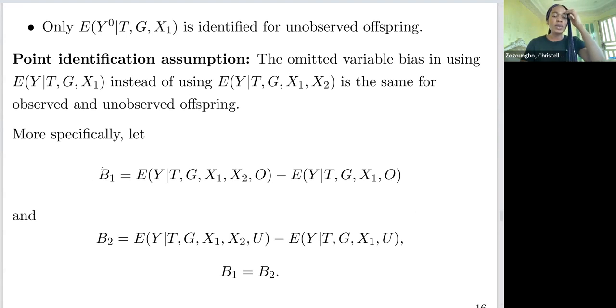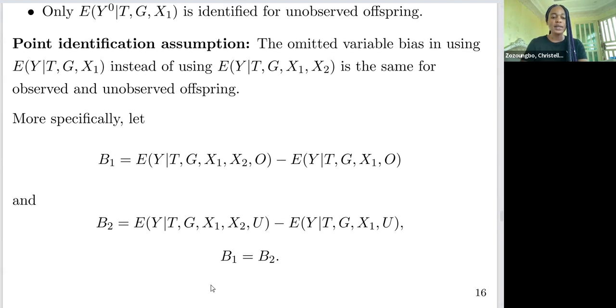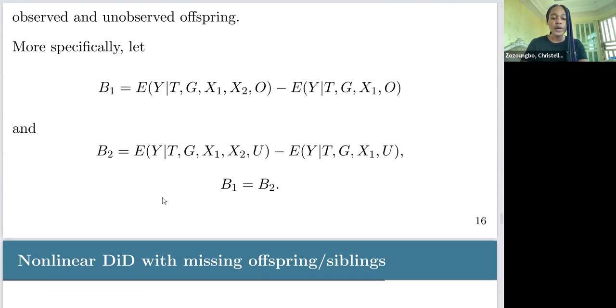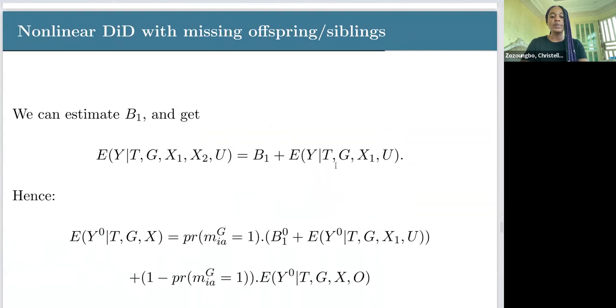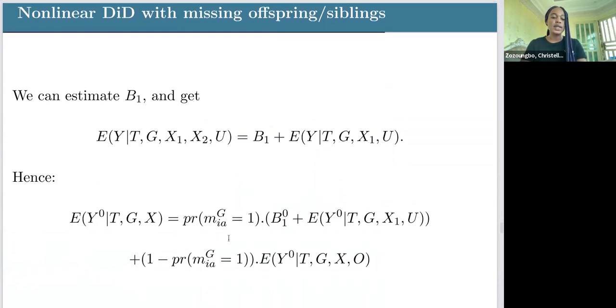For the observed offspring, I denote it by B1, and it's just the difference between the estimation using the long regression and the estimation using the short regression. Same thing for the unobserved offspring. If I equate these two biases, then I can identify the long regression for the unobserved offspring. Then I can just replace this back into the original expression and get the identification for the expected potential outcome without treatment. The same procedure gives me the expected potential outcome with treatment as well. And then I'm done, basically.